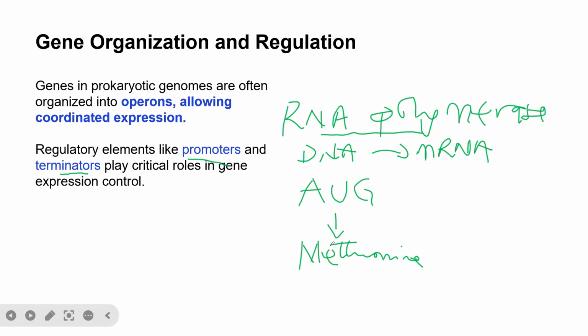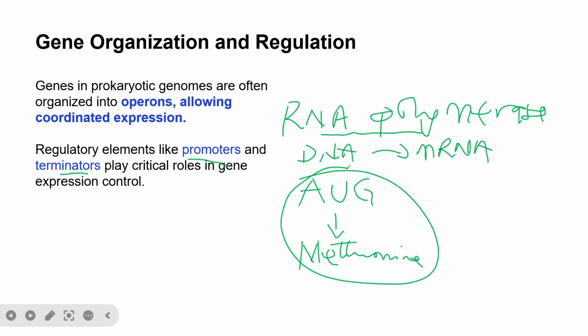And then, of course, there are terminators where we have stop codons. But more importantly, what I wanted to say here is that this usually happens during protein translation. For the terminators, we have two types.